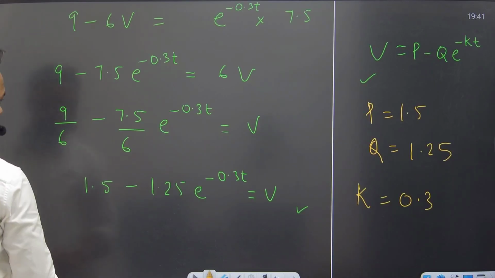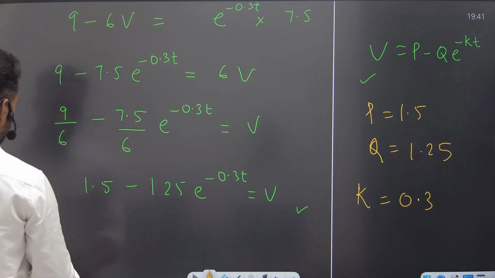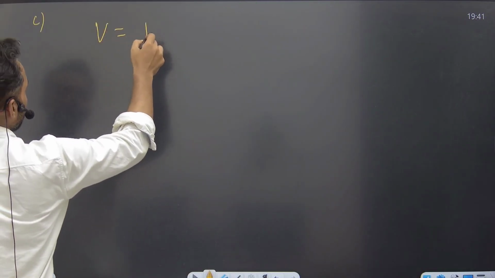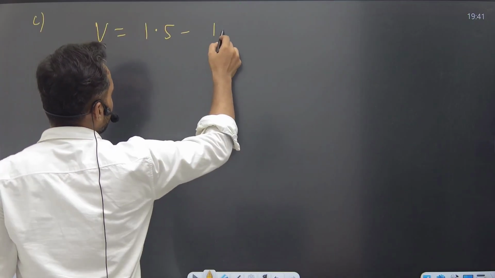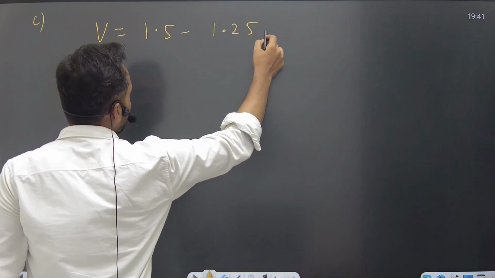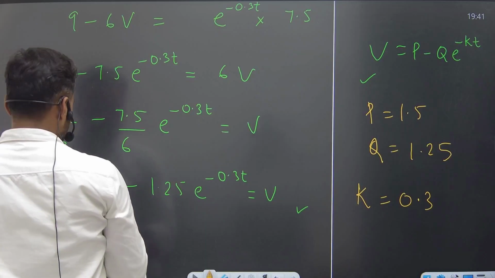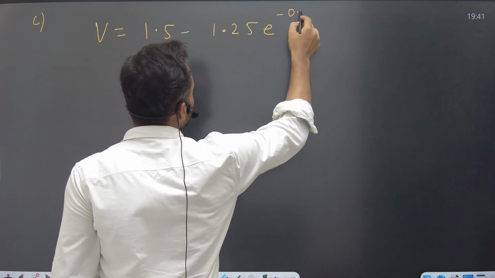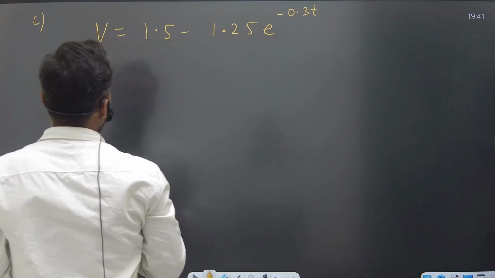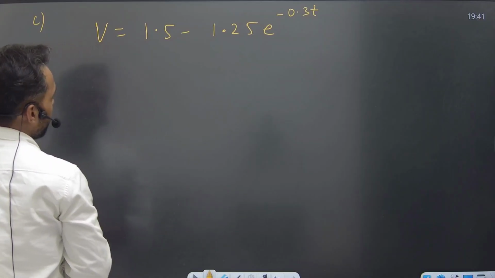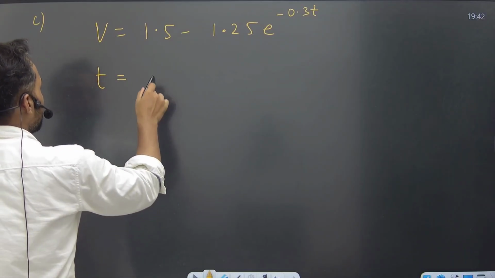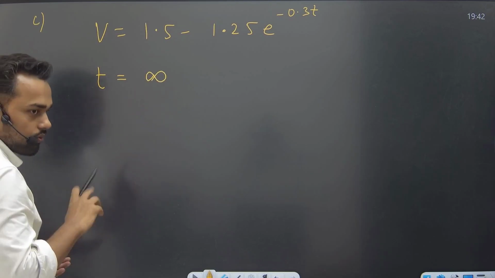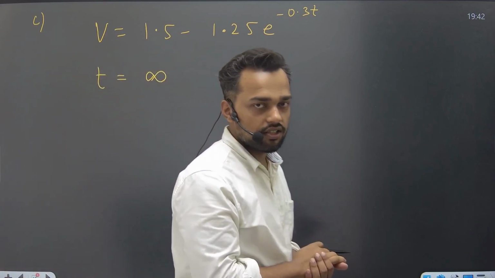In the C part, we have our values, student: v equals 1.5 minus 1.25 e raised to the power negative 0.3t. According to the question, the tap remains open, so it means that t will be infinity, because we don't know for how long it was open.